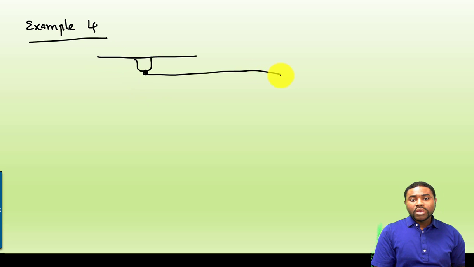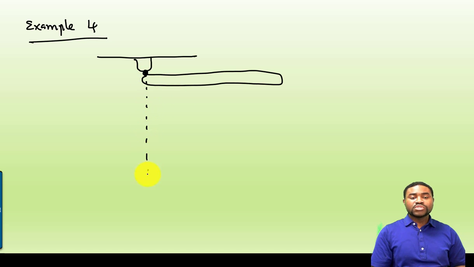Example 4. Example 4, this is similar to the AP question last year. We have an object initially horizontal. It's released from rest and it swings. Now, I'm going to make the problem interesting.